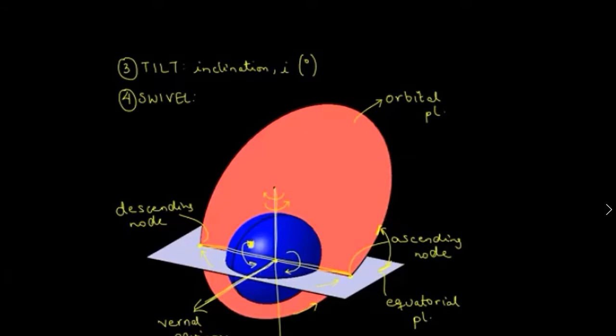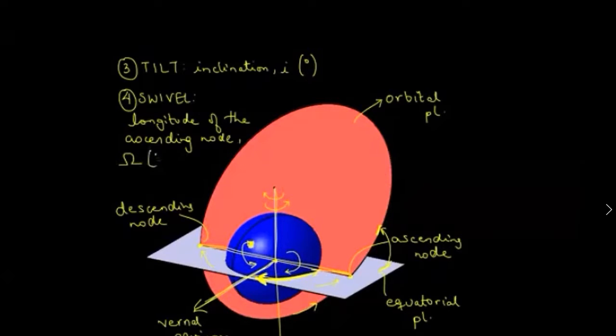Notice that the swivel changes this angle from the vernal equinox to the ascending node, that angle there. That angle is known as the longitude of the ascending node. It is denoted by the capital Greek letter omega, measured in degrees along the equatorial plane from the vernal equinox to the ascending node.